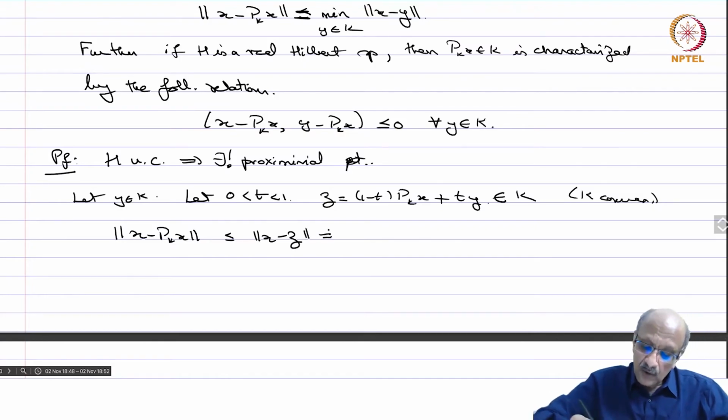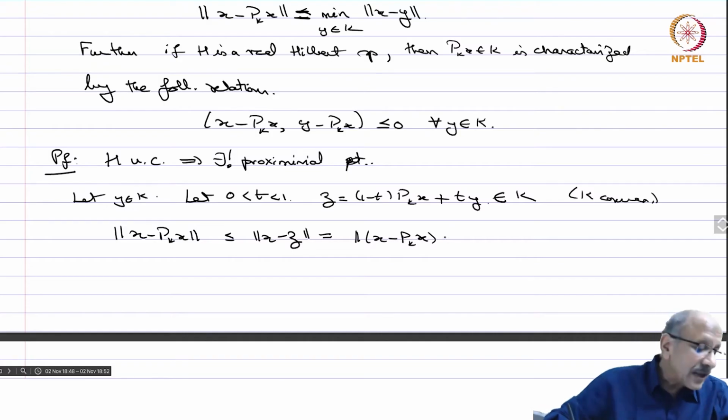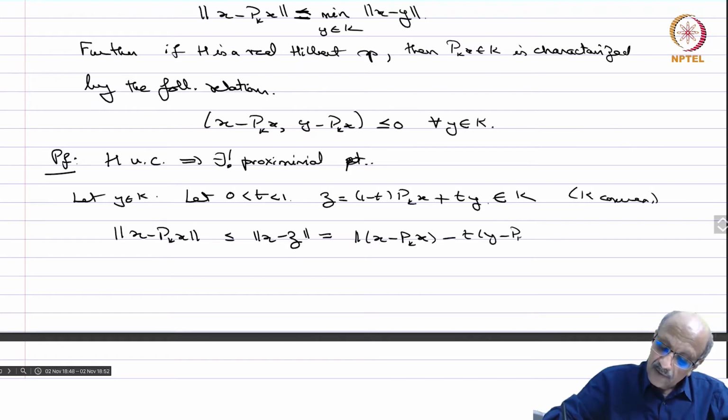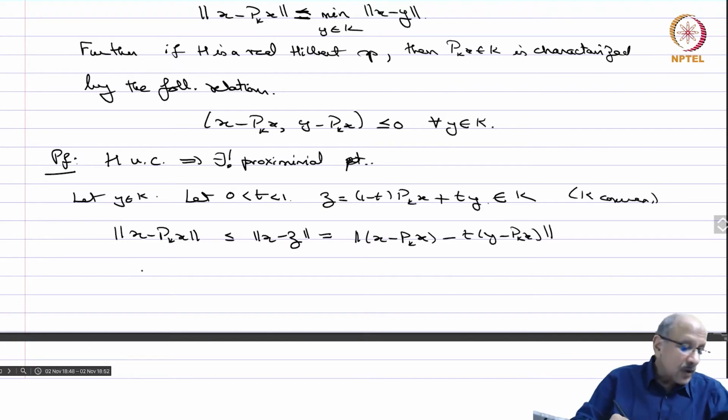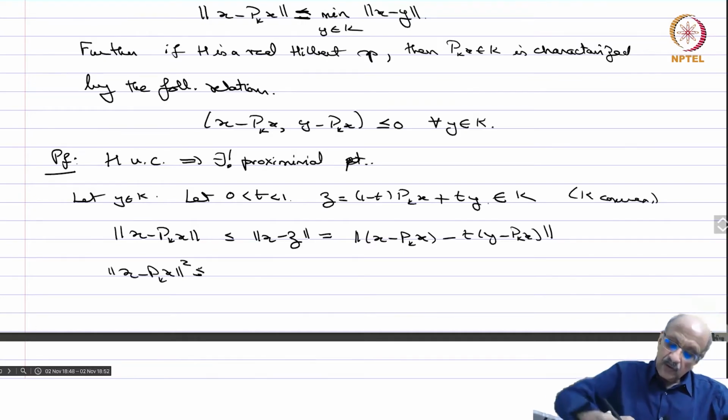That is equal to x minus P_K x minus t times y minus P_K x. So now let us square this and develop it.